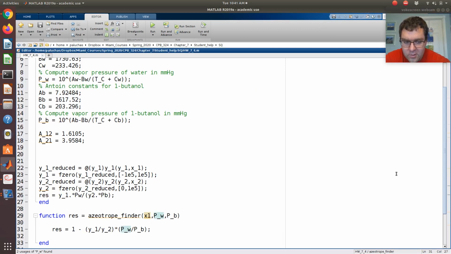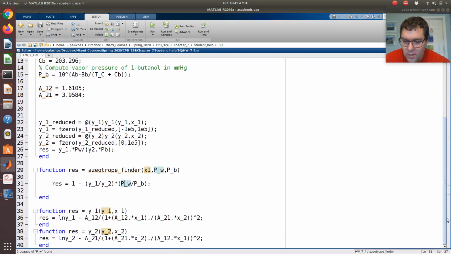Now I'll also need gamma 1 and gamma 2. Here we have functions for this. So this will give me log gamma 1. Got it. This is going to need knowledge of A12 and A21, which I've defined up here.